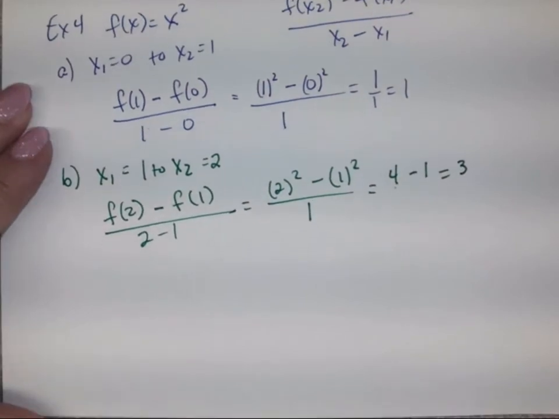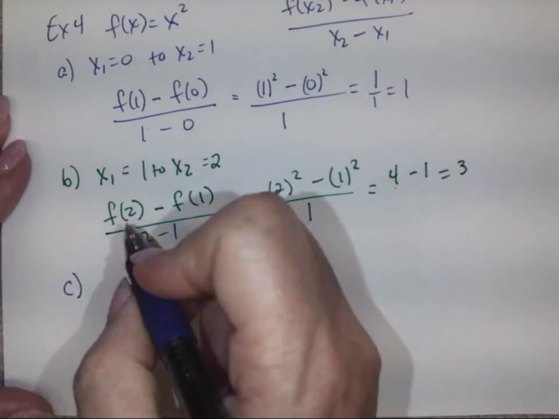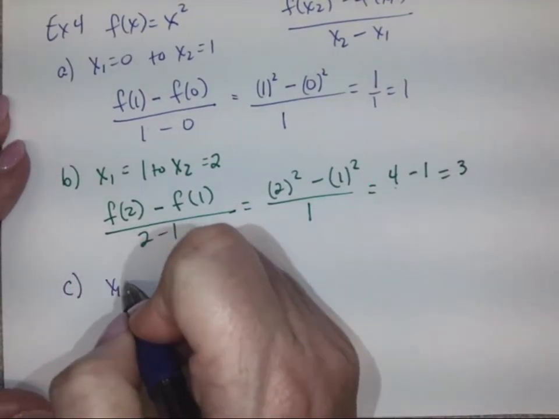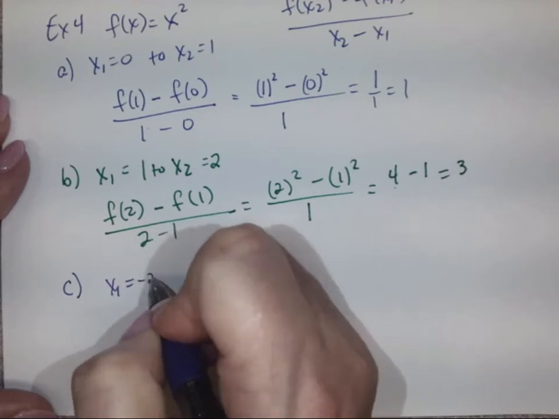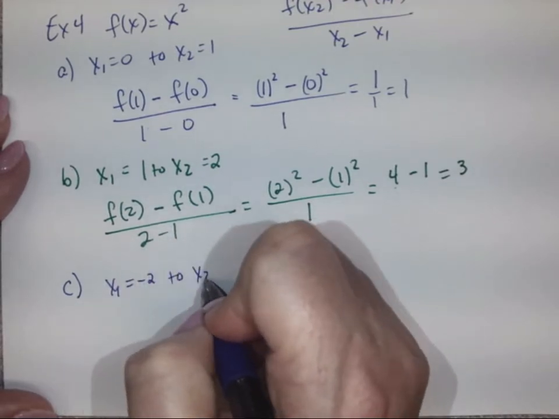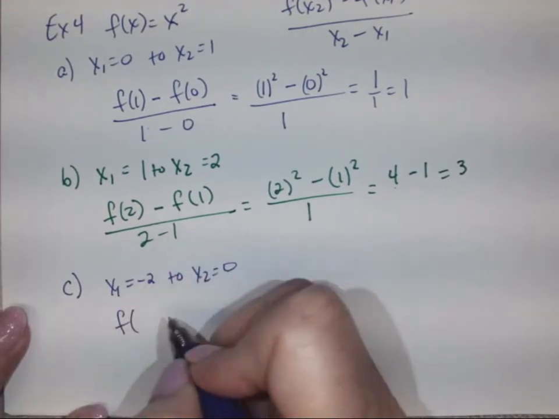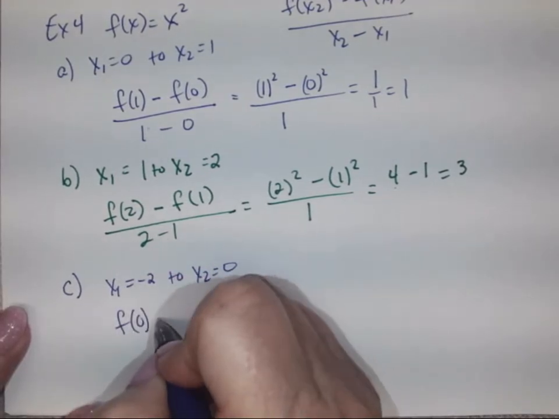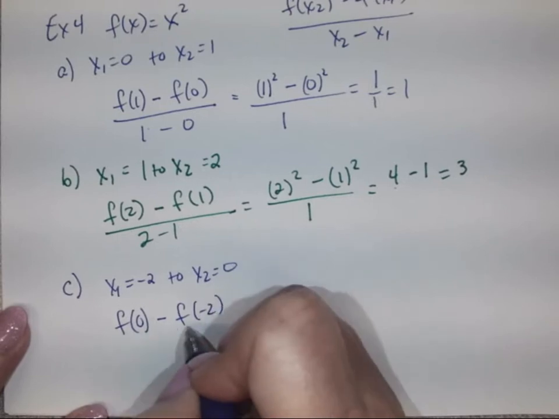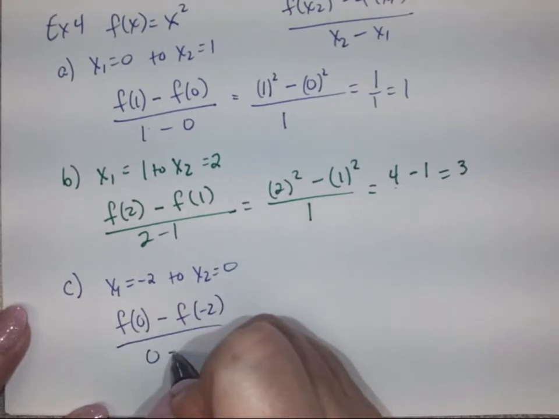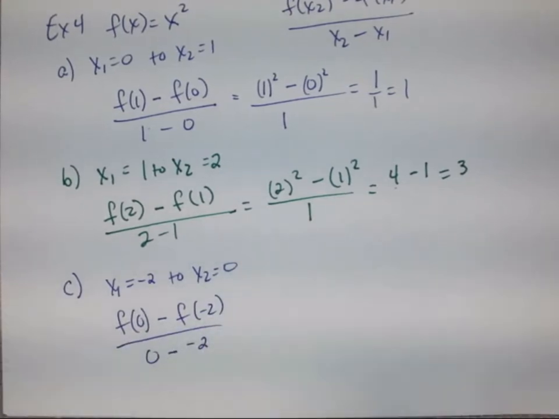All right, let's look at the last one. So we have x sub 1 equals negative 2 to x sub 2 equals 0. So we'll have f at 0 minus f at negative 2 all over 0 minus a negative 2.